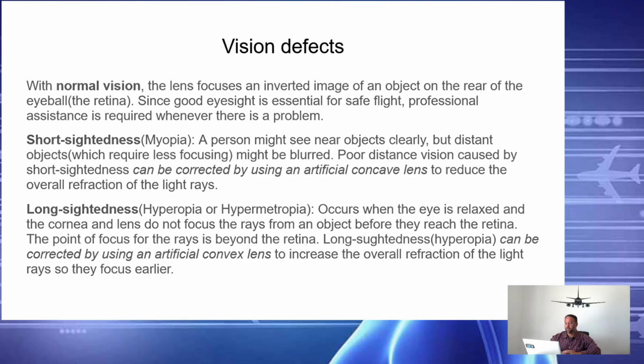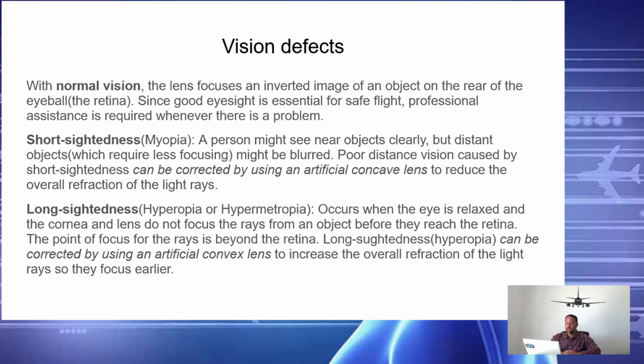A person might see near objects clearly, but distant objects, which require less focusing, might be blurred. Poor distance vision caused by short-sightedness can be corrected by using an artificial concave lens to reduce the overall refraction of the light rays.